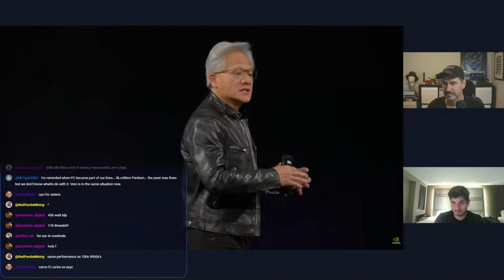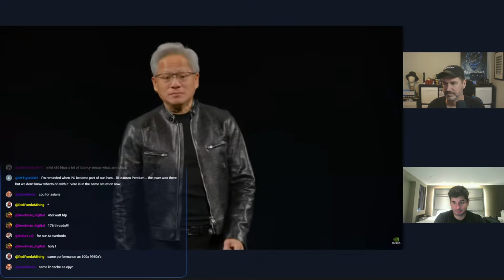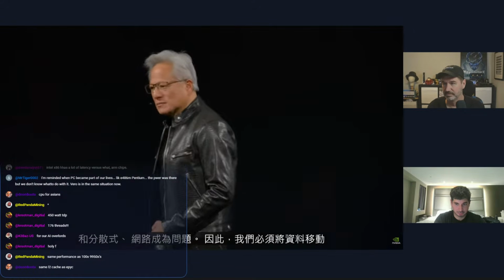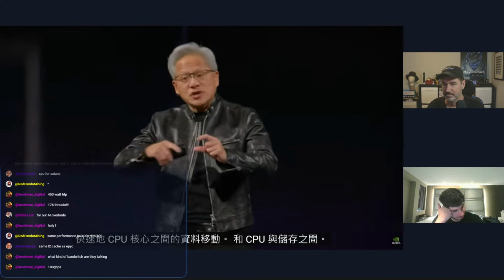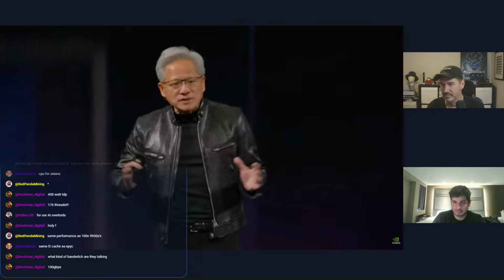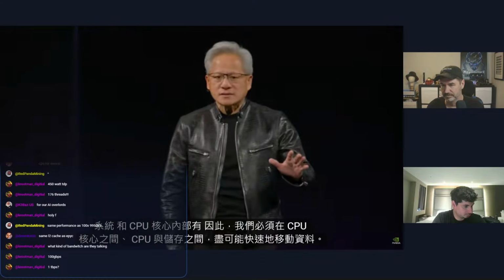When computing is disaggregated and distributed, networking becomes the problem. Therefore, we have to move the data around as fast as possible between the CPU cores and between the CPU and the storage, the CPU and the GPU. The bandwidth around the system and inside the CPU core has to be utterly world-class.